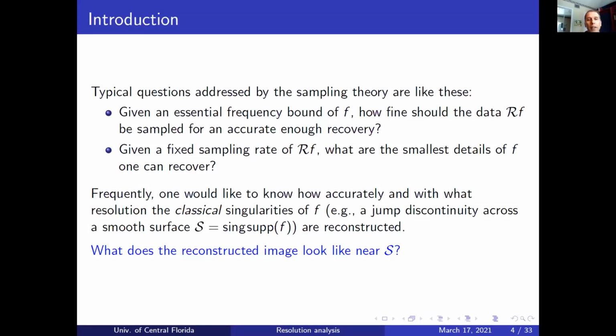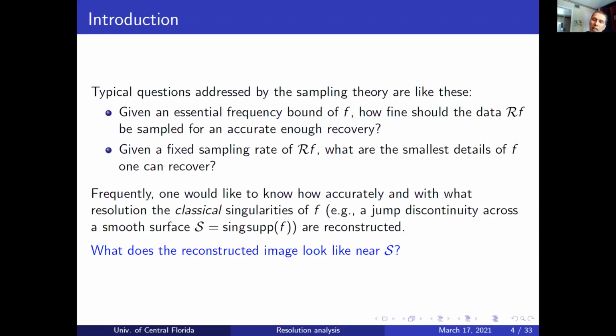Frequently one would like to know how accurately and with what resolution the classical singularities of F, for example, a jump discontinuity across a smooth surface, are reconstructed. So our question here is different from that studied by the sampling theory.